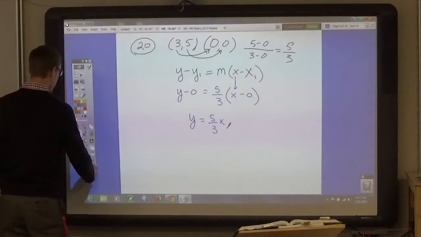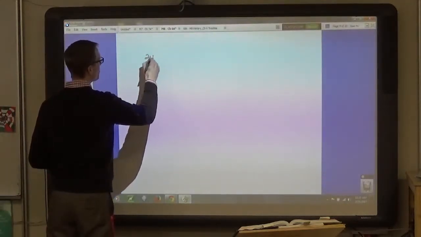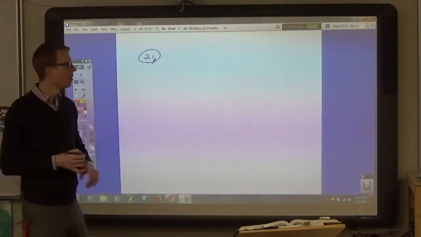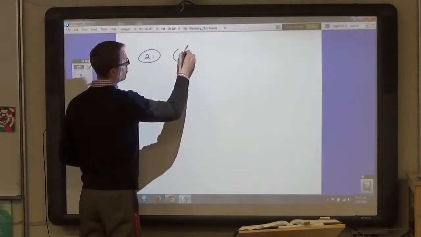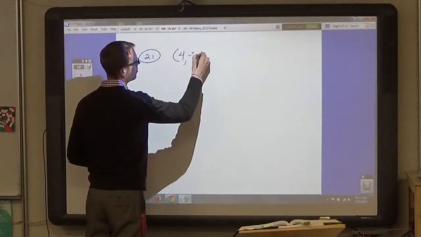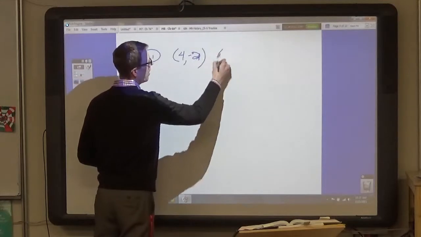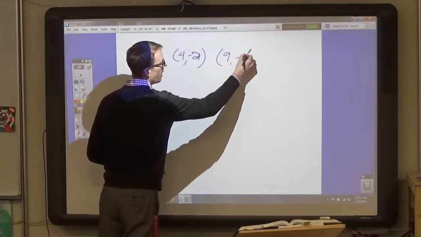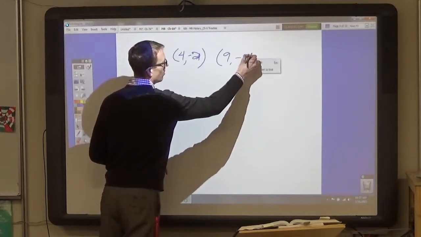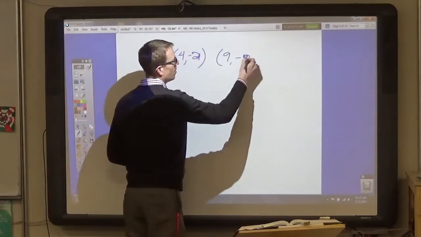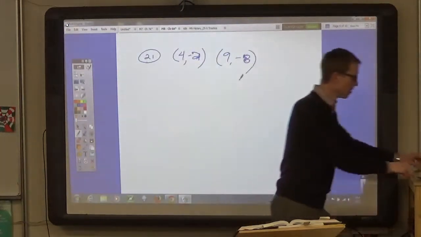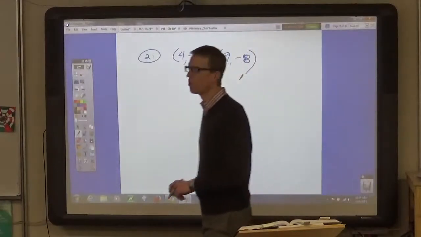How about 21? What are the coordinates for 21? (4, -2) and (9, -8). Okay, find the slope.